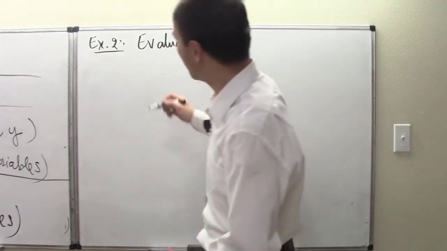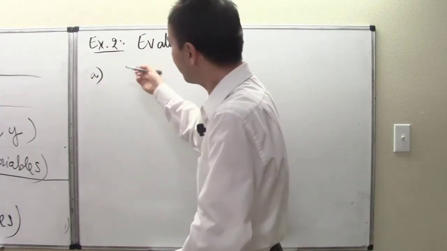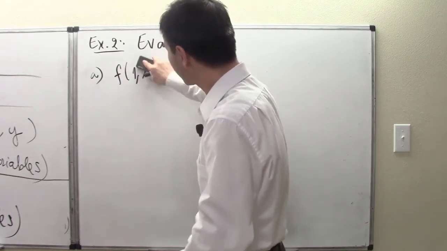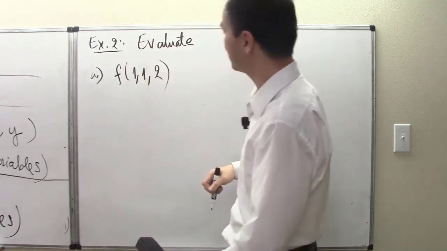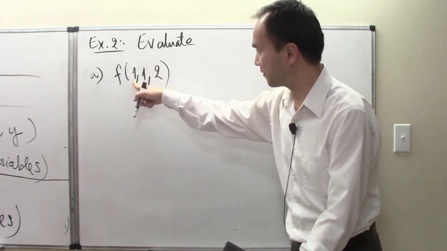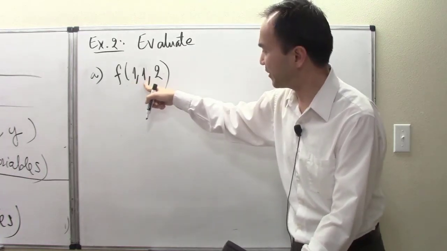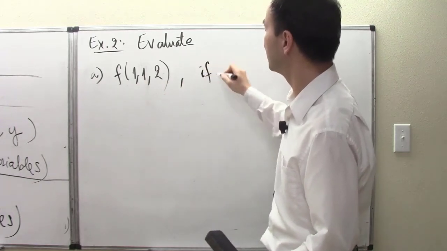Okay, so we want to evaluate in part A f of 1 comma 1 comma 2. So some function f of 3 variables, and then there's a value 1 for the first variable, the second variable is also 1, and then 2. But now I have to write in the actual definition.